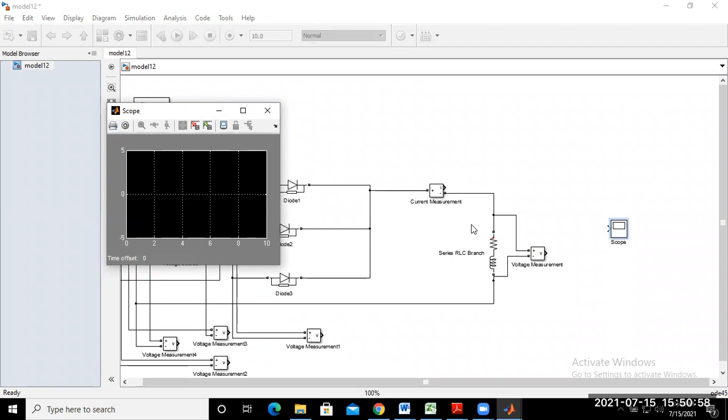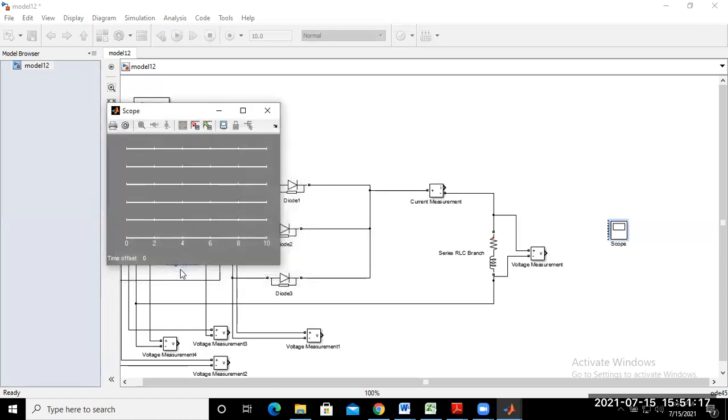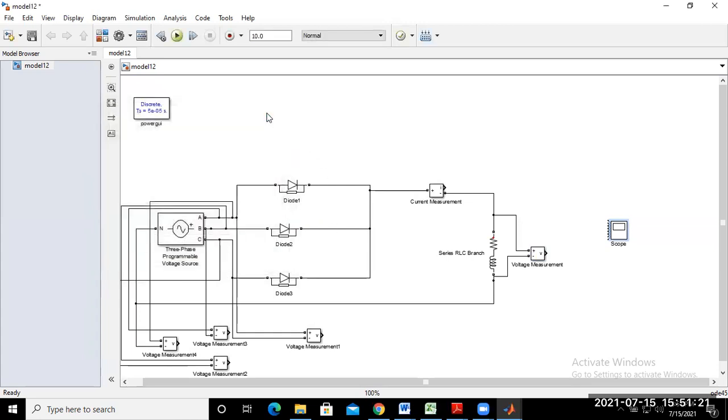So 6 axes are required here. So go to the settings, and the number of axes is 6. Right here, 6. And just close this one. Now you may increase the size of the scope by dragging this point.